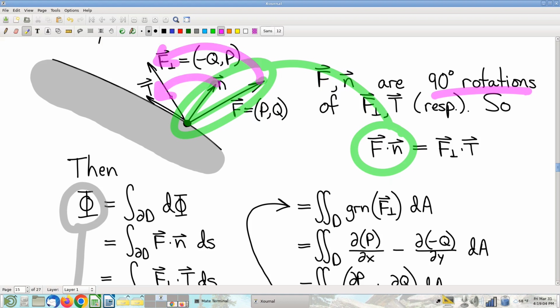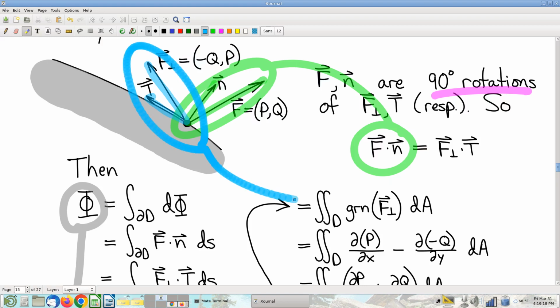If you rotate both of those vectors 90 degrees, the results have the same magnitude, the results have the same angle between them. And so that dot product is the same as this dot product.